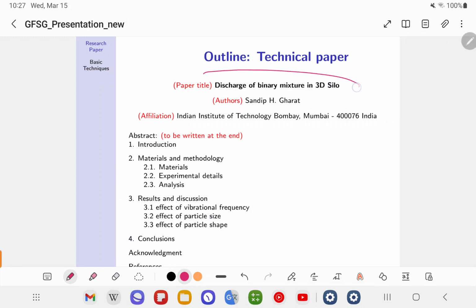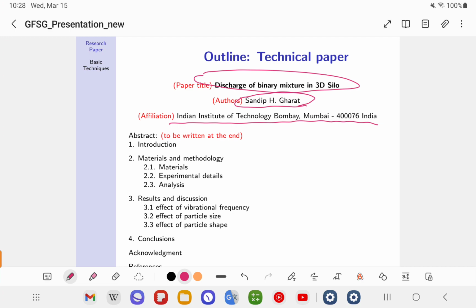Paper title, you can see, discharge of binary mixture in three-dimensional silo. Author, I have added my name as an author. Affiliation, so for example, this work is carried out in an institute, let us say IIT Bombay, then I have mentioned it.